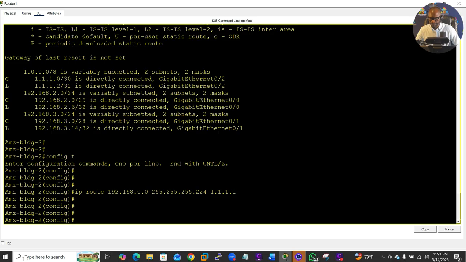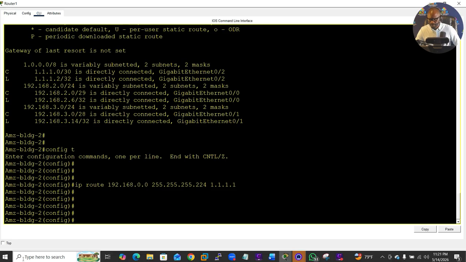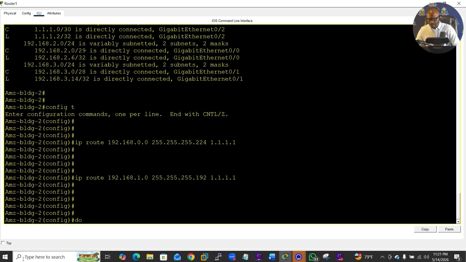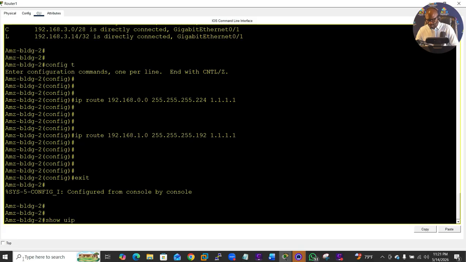And then we have another network which was IP route 192.168.1.0 255.255.255.192, which is the /26 one, exiting on 1.1.1.1. Now, let's exit and show IP routes.